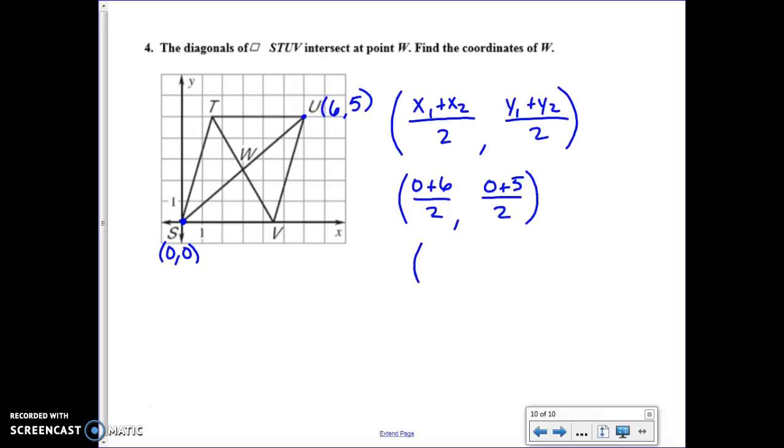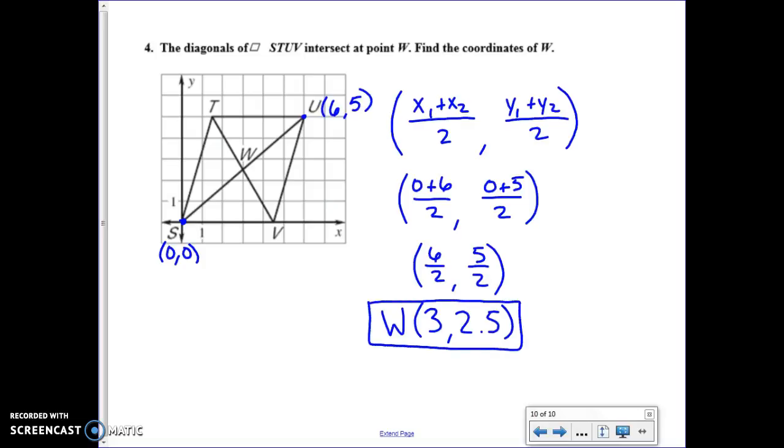So 0 plus 6, we get a 6 over 2, and 0 plus 5 is 5 over 2. So 6 over 2 gives us 3, and 5 over 2 gives us 2.5. So your midpoint there, point W, is at 3, 2.5.